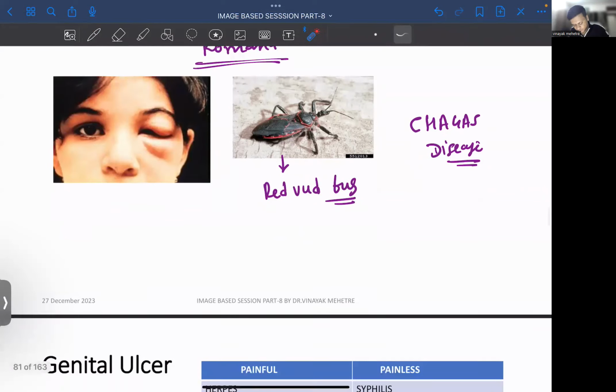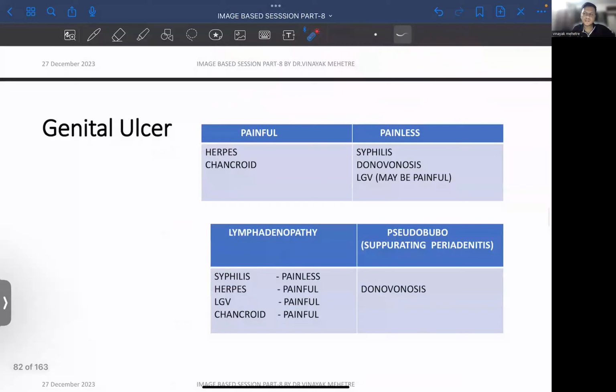Now we come to a fixed topic, a sure short question: genital ulcers. And believe me, if you know these two tables, 90% of the time your answer will be correct. Read this and remember: ulcers will be painful in herpes and chancroid; painless ulcers in syphilis, donovanosis, and LGV.